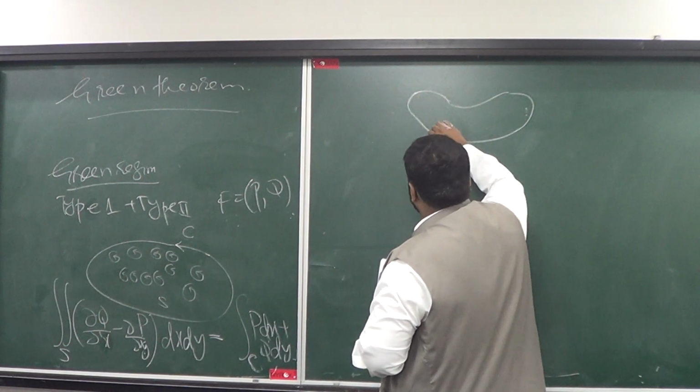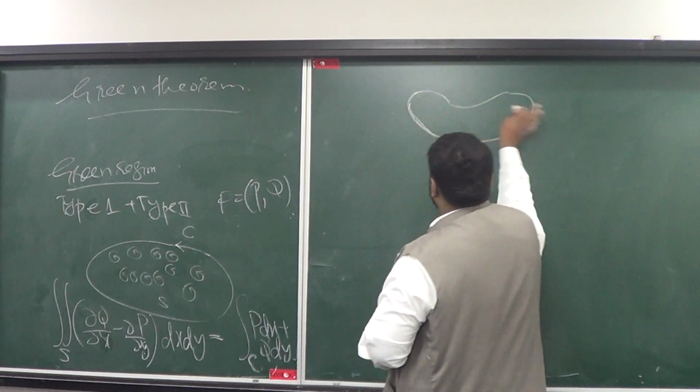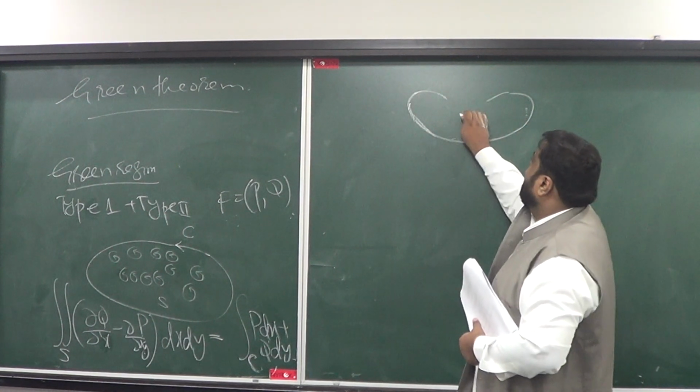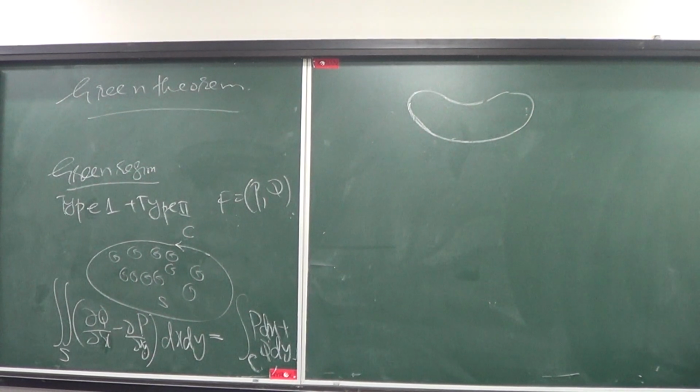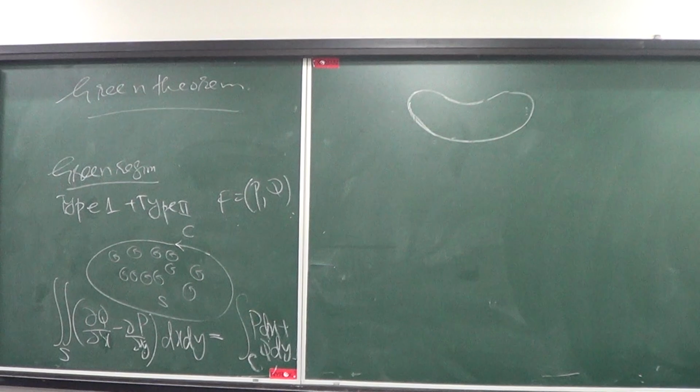Assume it's a symmetrical shape and looks the same both ways. Now what kind of region is this? It's type 1, yes, for sure. It lies between two lines. Is it type 2? No, we can't say it's type 2.